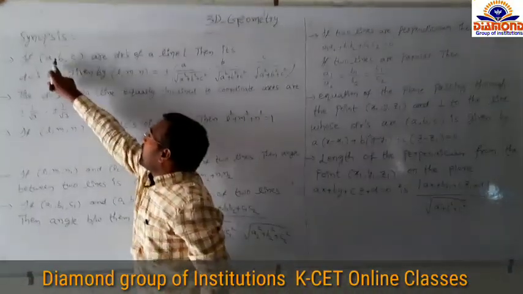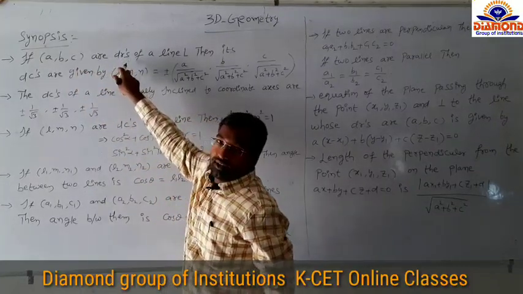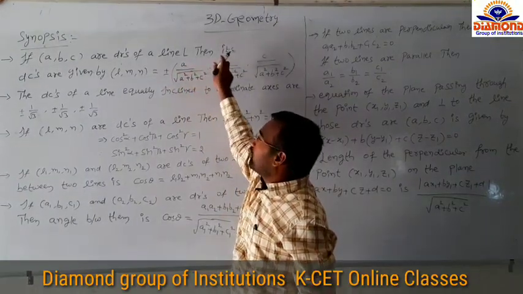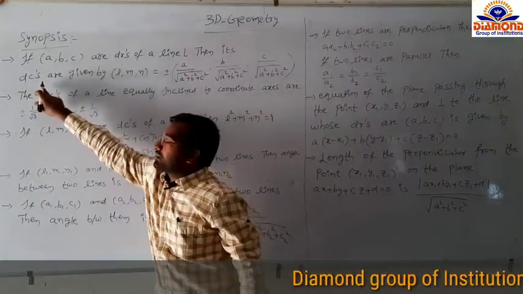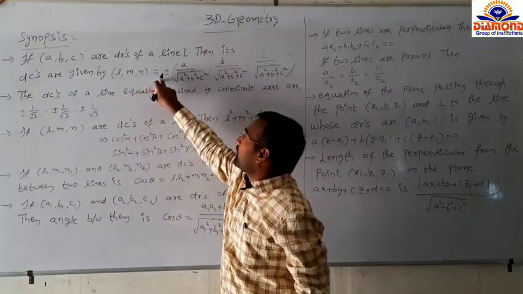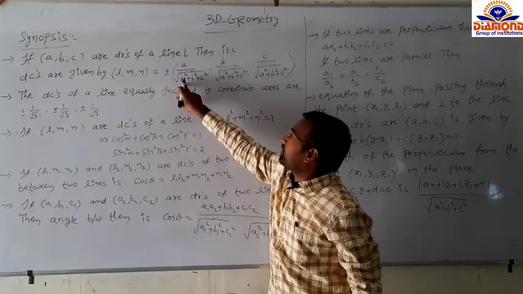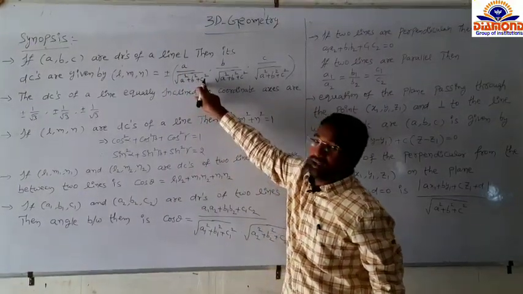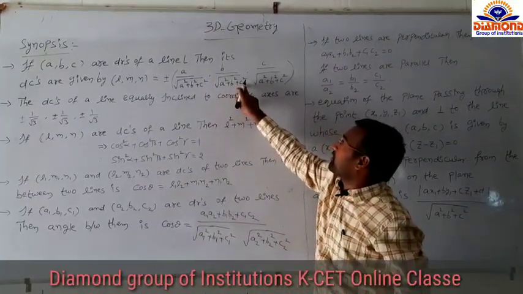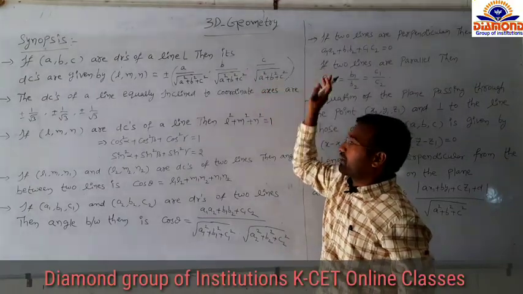If A, B, C are the direction ratios (DRs) of a line L, then its direction cosines (DCs) are given by l, m, n equal to plus or minus of A by under the root of A square plus B square plus C square, B by under the root of A square plus B square plus C square, C by under the root of A square plus B square plus C square.